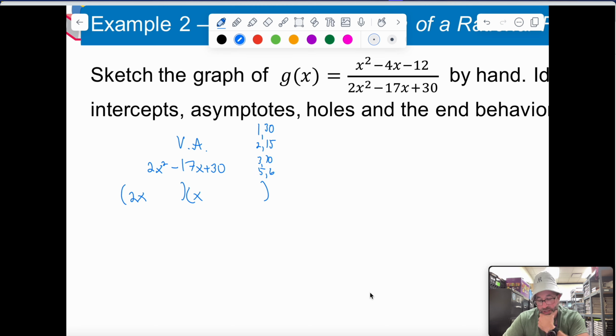All right, what are the values that we're going to put here? 6 and 5? No. 10 and 3? No. What am I missing? 1 and 30, 2 and 15, 3 and 10, 5 and 6.